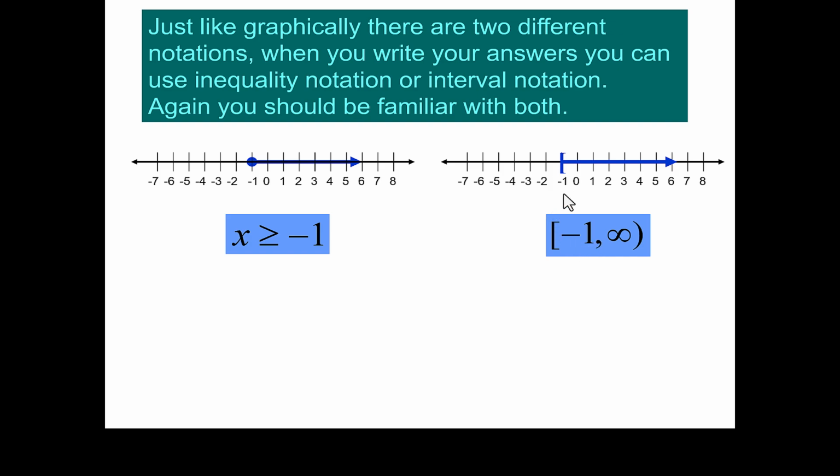On the endpoints here, we have -1, which is included, and it approaches infinity. Since infinity is never attained, we always have an open bracket there. See, these symbols with the bracket notation tell us the behavior of the endpoints, whether or not to include them as part of the solution set.